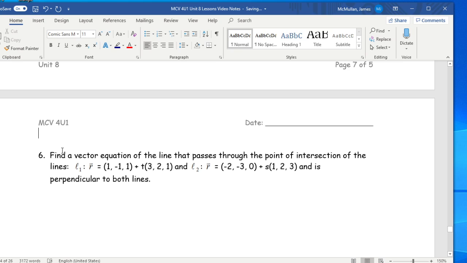So find a vector equation of the line that passes through the point of intersection of these two lines and is perpendicular to those two lines. Okay, so for this one, I'm going to just give you the setup. I'll let you finish it, but to solve this one, you need the vector equation of a line.